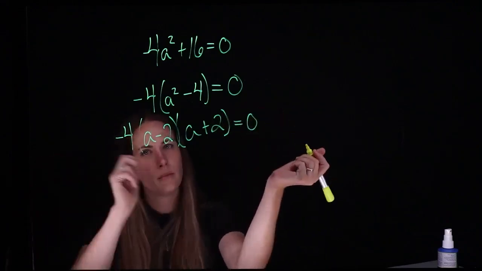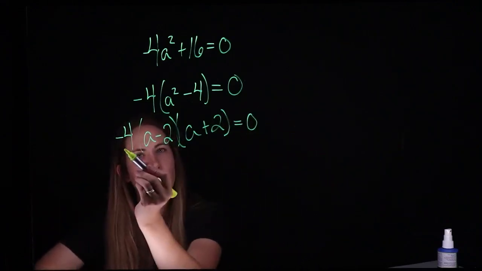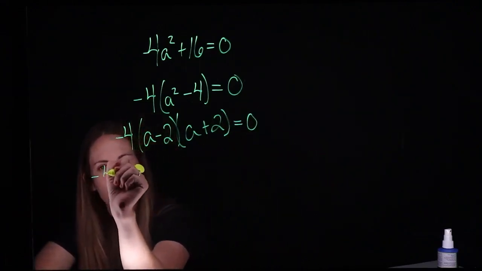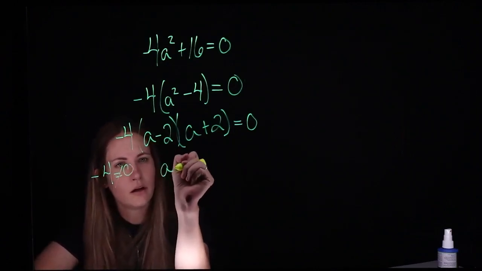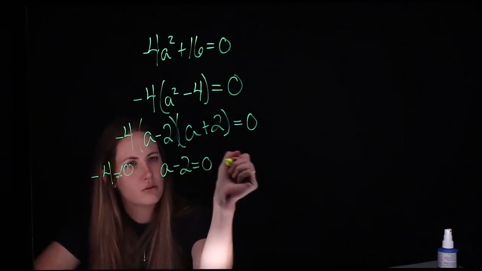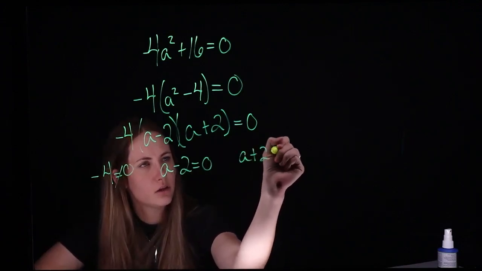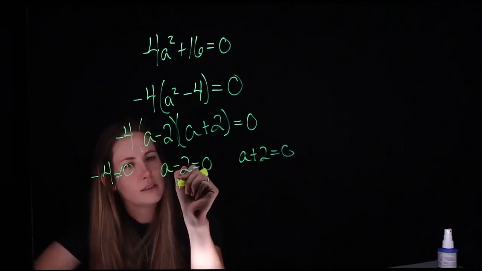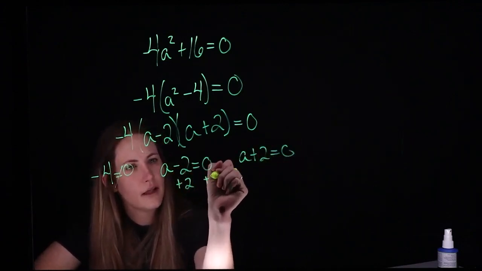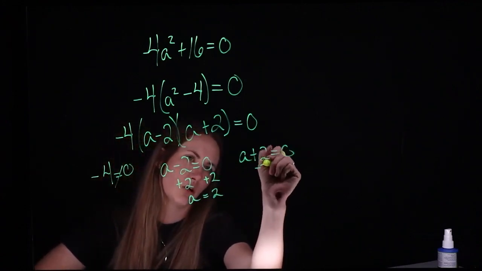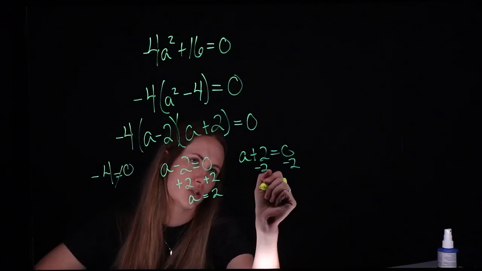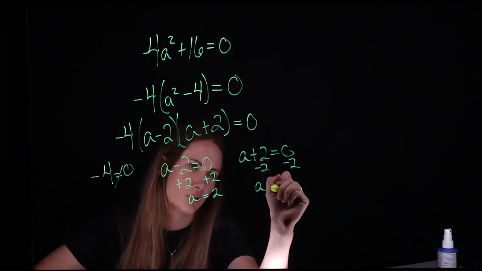Equals 0. Then we set every single one of these equal to 0. Does negative 4 equal 0? No, that's gone. A subtract 2 equals 0, and a plus 2 equals 0. The only time that negative 4 is going to come into play is if we are graphing, which we're not just yet. We'll start that in a couple chapters.